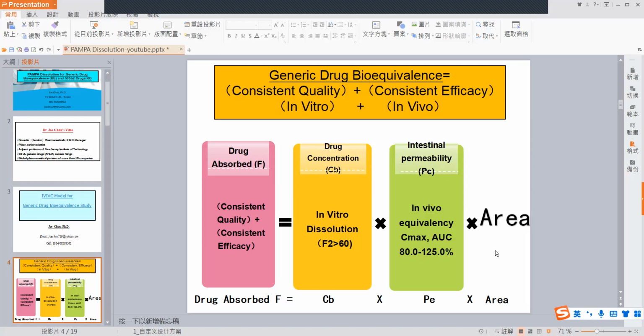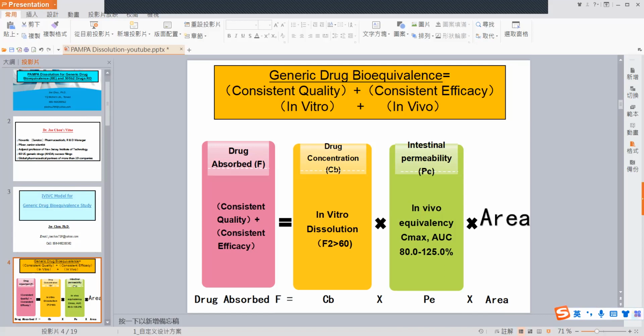As long as we have this equation clear, we know the parameters to be monitored: CB, meaning the drug concentration in the GI tract, and PE, which is the permeation of the drug in the GI tract. This equation was validated through several publications back in 1990.